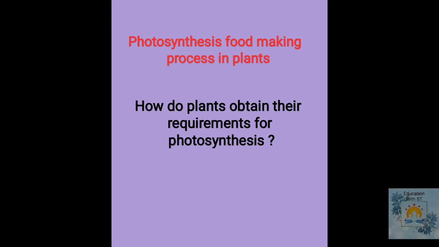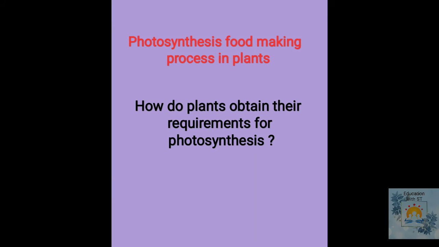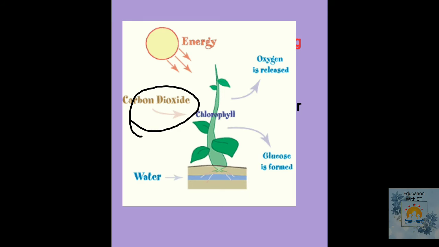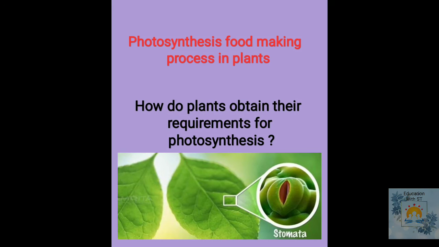For photosynthesis, plants need carbon dioxide, water, chlorophyll, and sunlight. Now these are obtained by plants. Now what are they? Carbon dioxide: plants take up carbon dioxide from the atmosphere or air through stomata present in the undersurface of leaves.